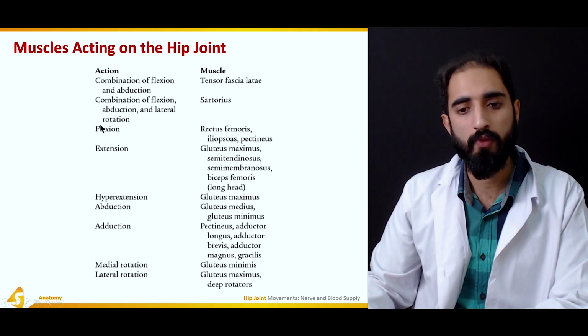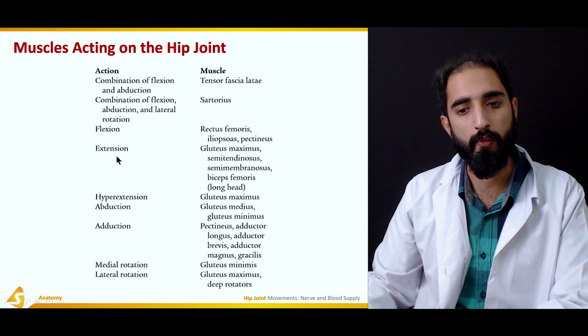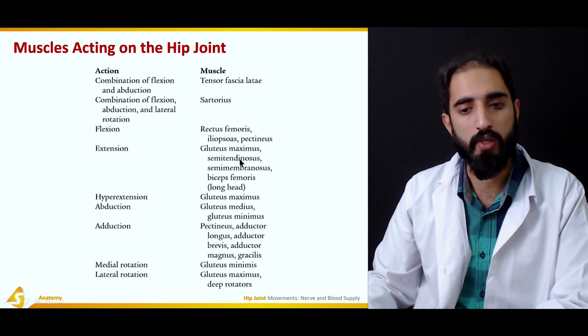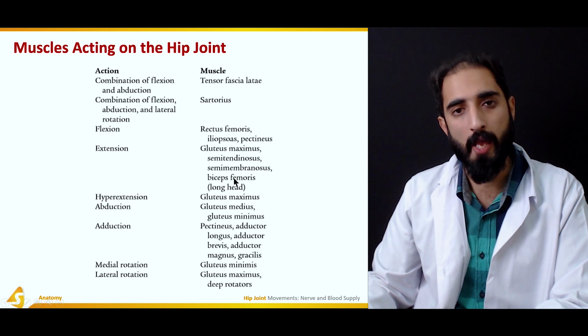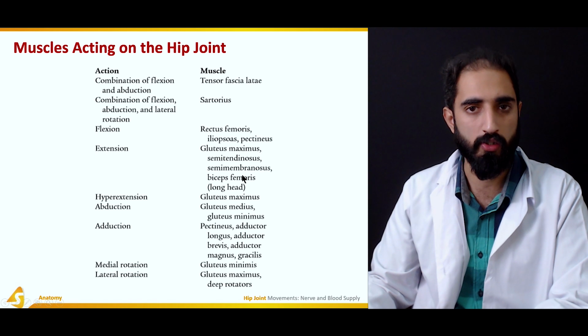In flexion, we have the prime mover, iliopsoas, and then we have pectineus and rectus femoris as well. In extension, we have the prime mover gluteus maximus, supported by secondary movers, which are the hamstring group of muscles, including the semitendinosus, semimembranosus, and biceps femoris long head.